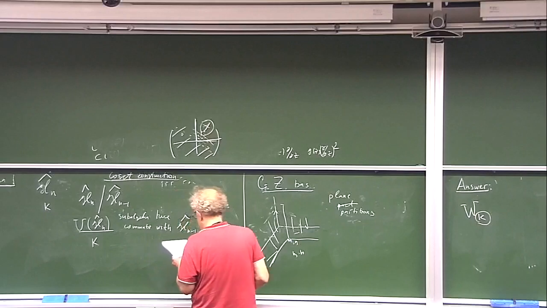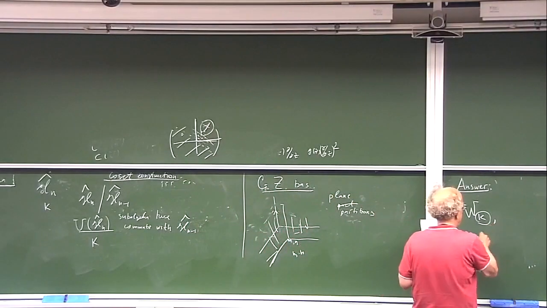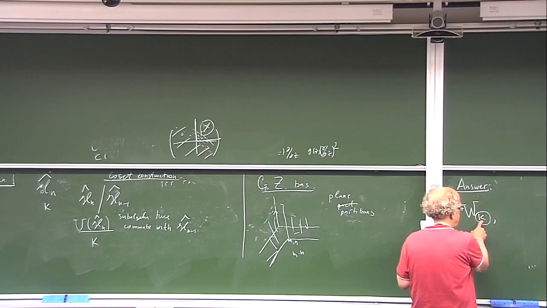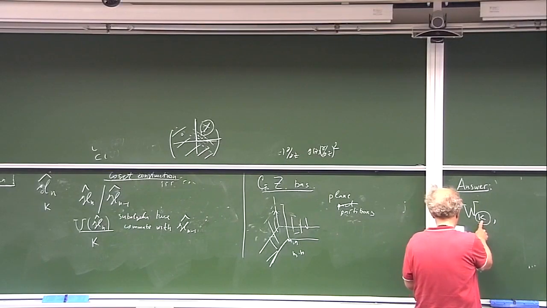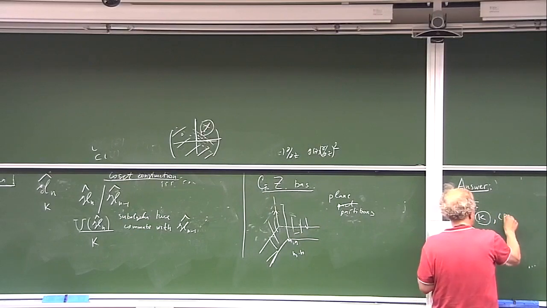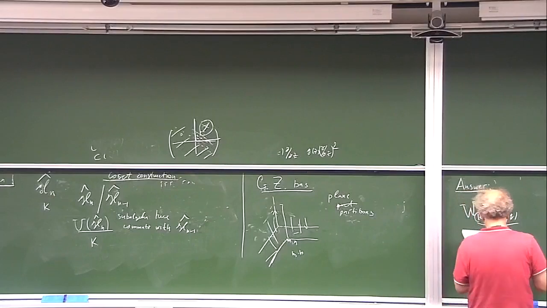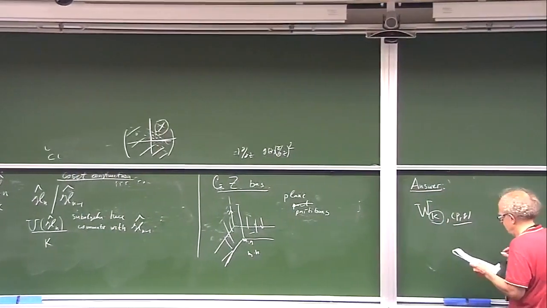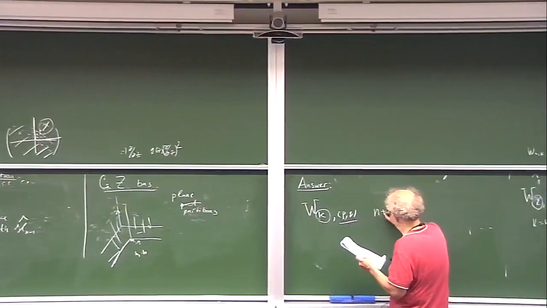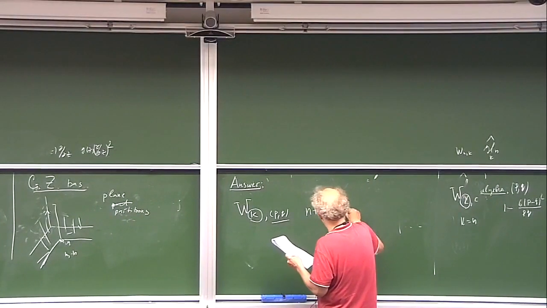I said that in the W-algebra we have K and also C. But C is better characterized in terms of the parameters P and Q, and these parameters P and Q are n plus K and n plus K minus 1.